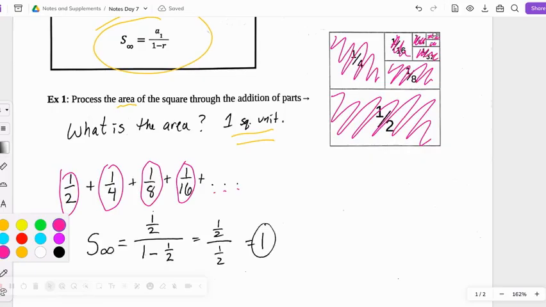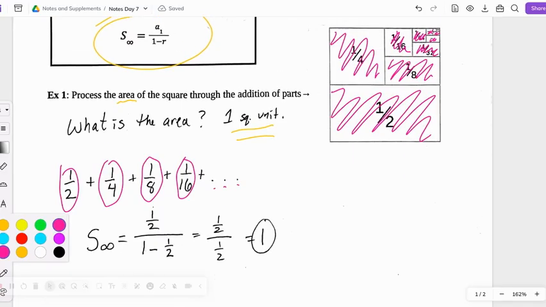I know that blows your mind, okay? But there's always a half. So this formula takes that into account. Like theoretically, we should be able to finish this process. So watch how we would use this formula. So right here, the infinite sum is the left side, okay? You take the first term, which in this case is 1/2, and then the bottom is 1 minus r. So in our case, it's 1 minus 1/2.